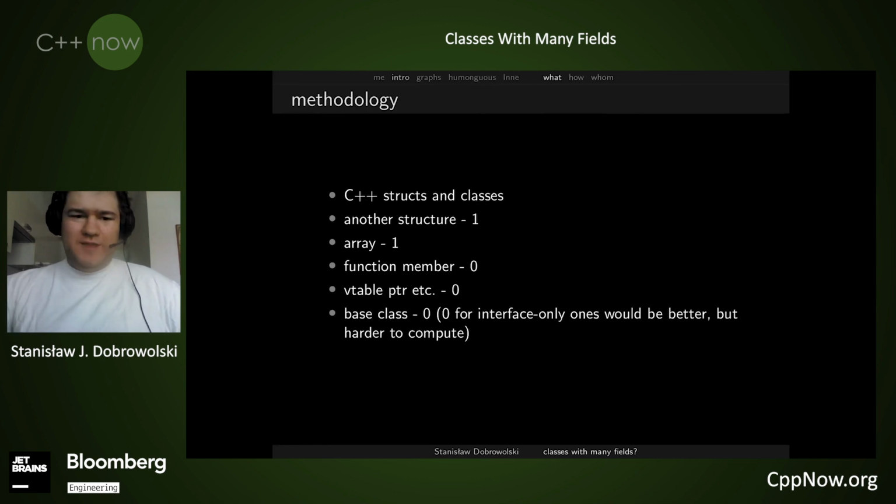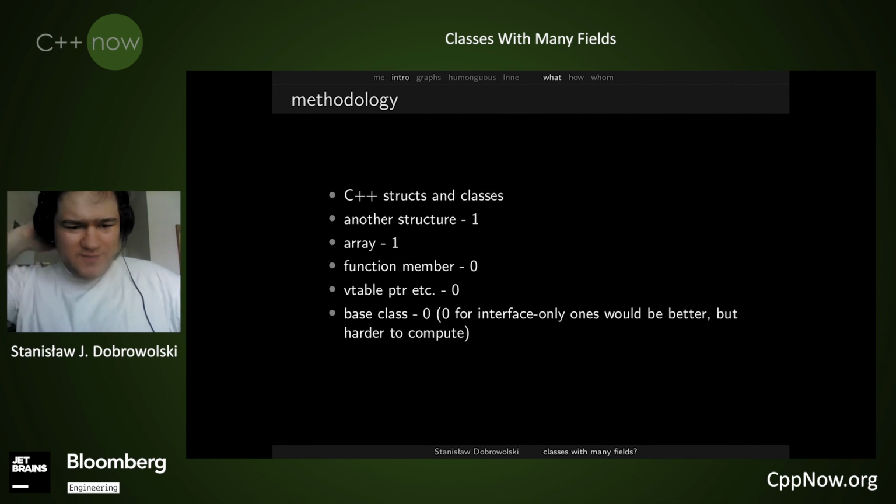First of all, I had to decide how to count those fields, and we had a, I think, intuitive method of counting. If something was substructured, then it was 1 field. An array was 1 field because it's a type of substructure. We didn't count function members and vtable pointers, because programmers don't do vtable pointers themselves.